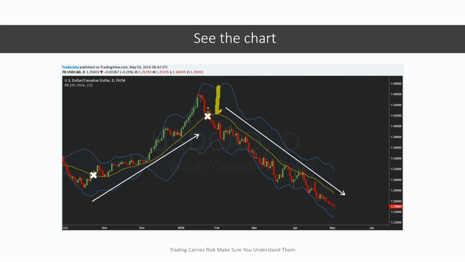So if we were to enter somewhere at this point where the bands have widened, we might want to set our stop loss a little bit lower than what we would have when it was in a narrower band. But see here, we have a steep downhill, but look at the width of the bands. They stayed pretty steady that whole way. So we can use that to determine our risk reward factors in setting using our Bollinger Bands.